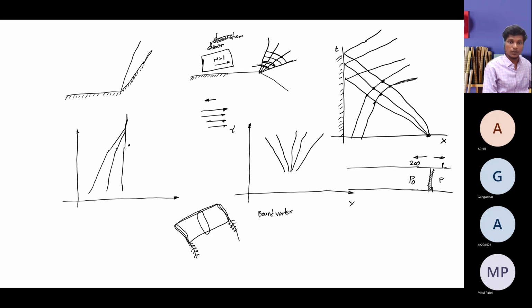Don't confuse, I'm talking about the vortex filament. If you have a vortex with strength gamma, it cannot end at any point. It should continuously move from infinite to infinite.